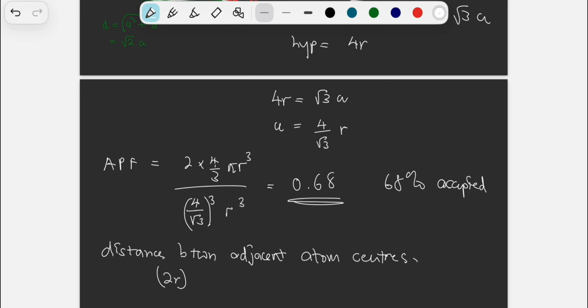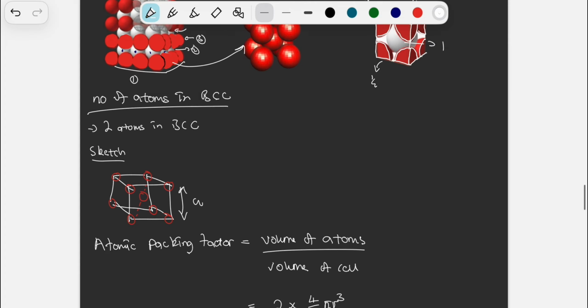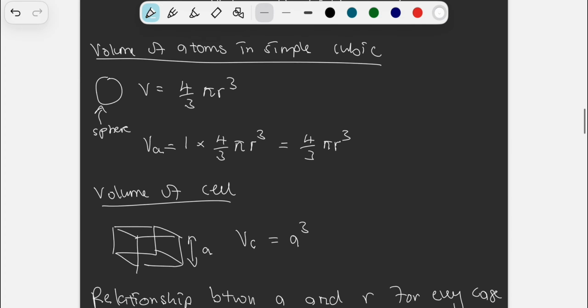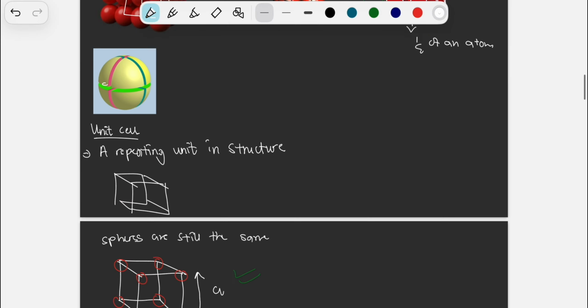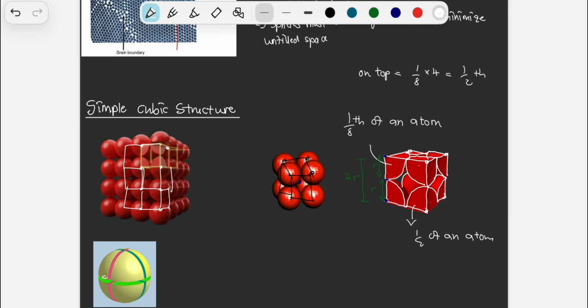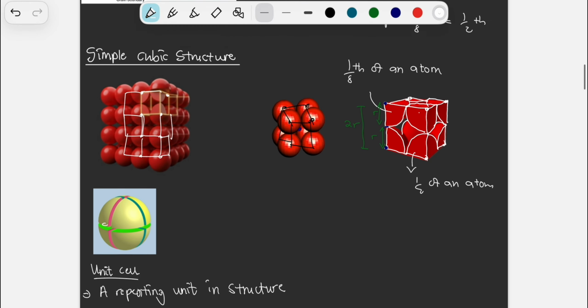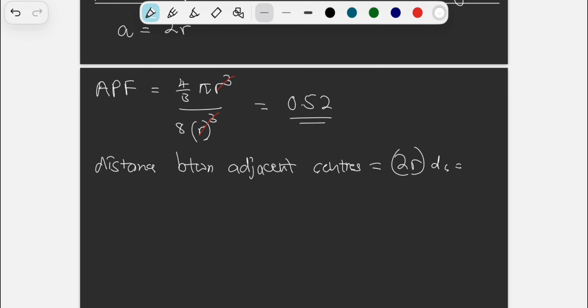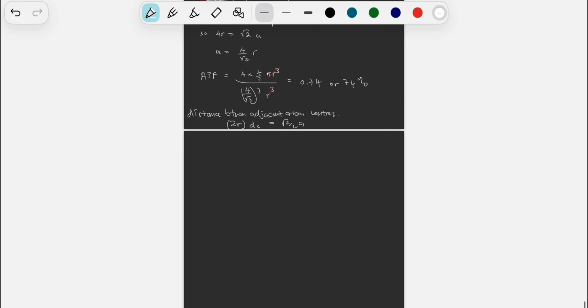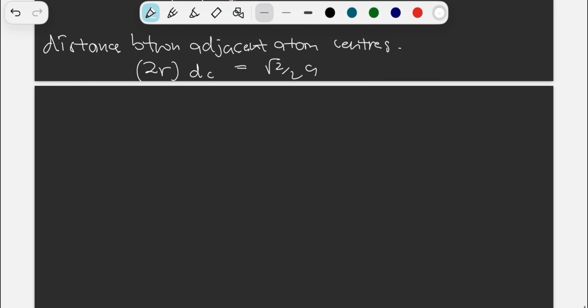So 2R, which is DC, is going to be equal to root 3 over 2A. So that's the distance between adjacent atom centers. And for simple cubic, because these are touching in the center, the distance between the centers is 2R, which is equal to A. So those are some questions that they can ask you.